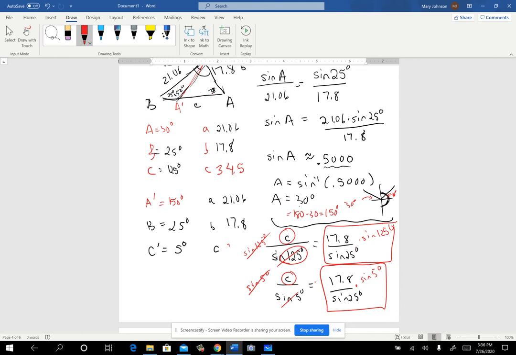And then when I change that to 5 degrees instead of 125, I wind up getting 3.7. So remember, the bottom triangle is going with one that's shaped like this.